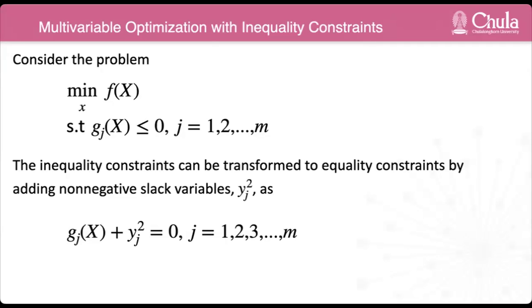Because this is always lesser or equal, if you add a positive number at the left hand side, this relationship becomes equal. So we render the inequality to equality constraints. And once you have equality constraint, you know how to do it, right? You can use Lagrange multiplier to solve the problem.